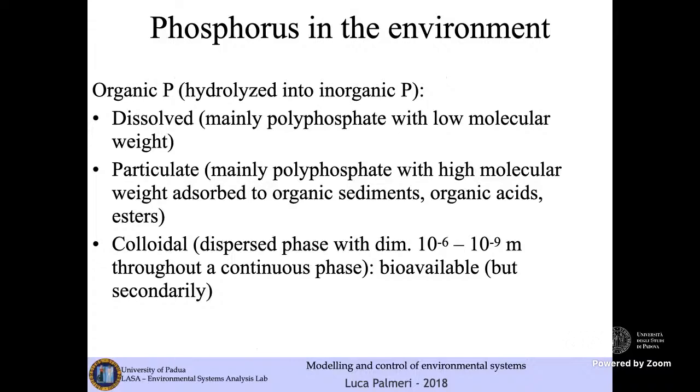Typically, organic phosphorus is hydrolyzed into inorganic forms. Again, inorganic means phosphate. The dissolved quota is mainly polyphosphate with low molecular weights. The particulate quota comes mainly from polyphosphate with high molecular weight that is adsorbed to organic sediments or organic acids, esters.